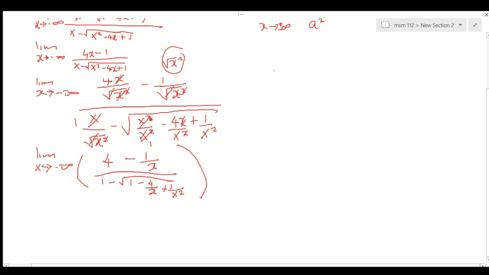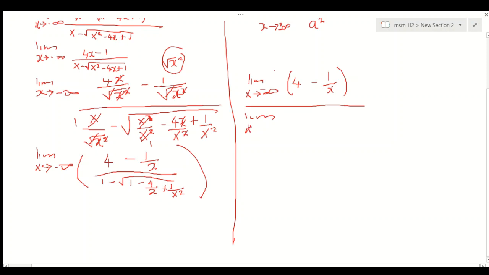Distributing this will look like: limit as x approaches negative infinity of 4 on top, and you put them in brackets like this, over limit as x approaches negative infinity of 1 minus the root of 1 minus 4 over x plus 1 over x squared, like that.